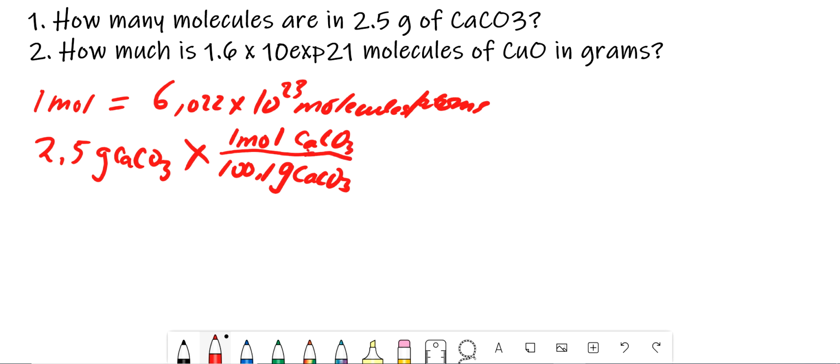Ladies and gentlemen, do not be afraid. What I've done is basically just use the unit of molar mass, which is normally grams per mole, but the molar mass actually stands for the mass of 1 mole of a substance.